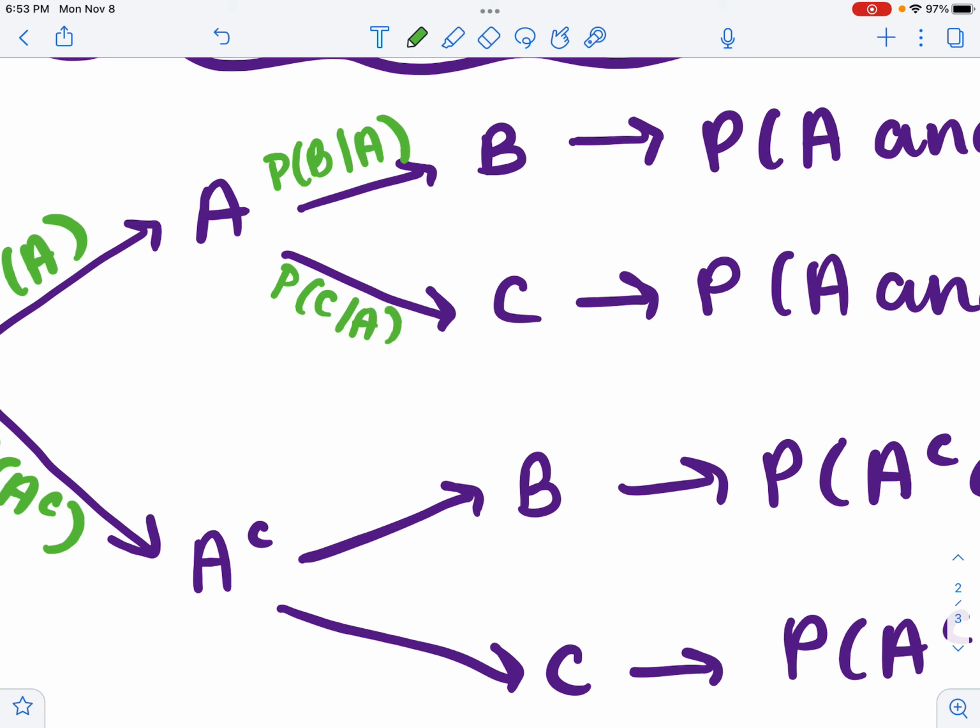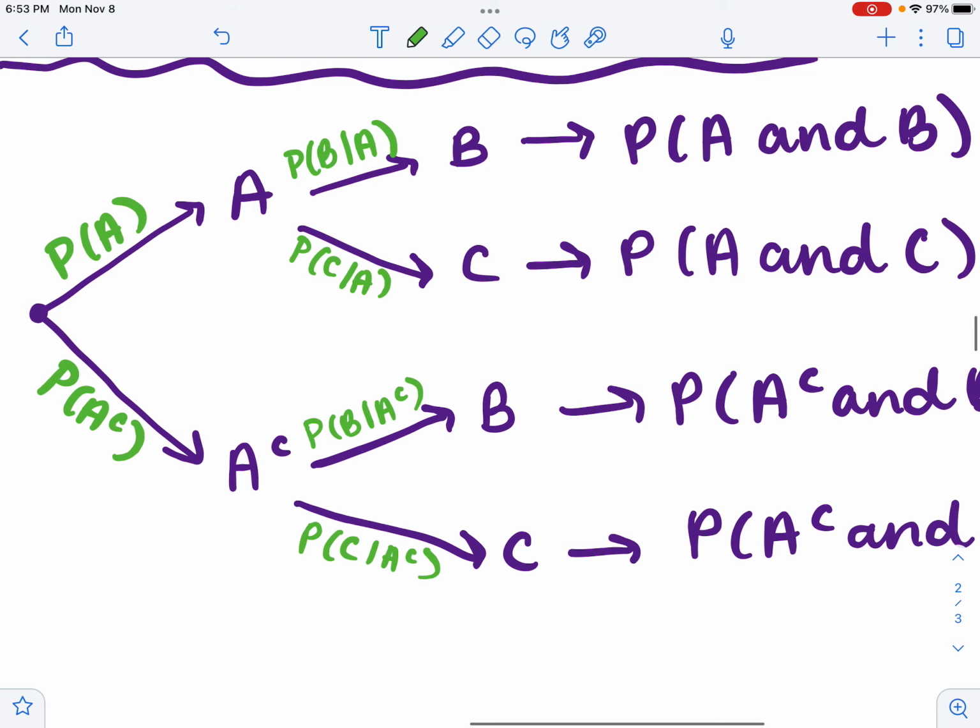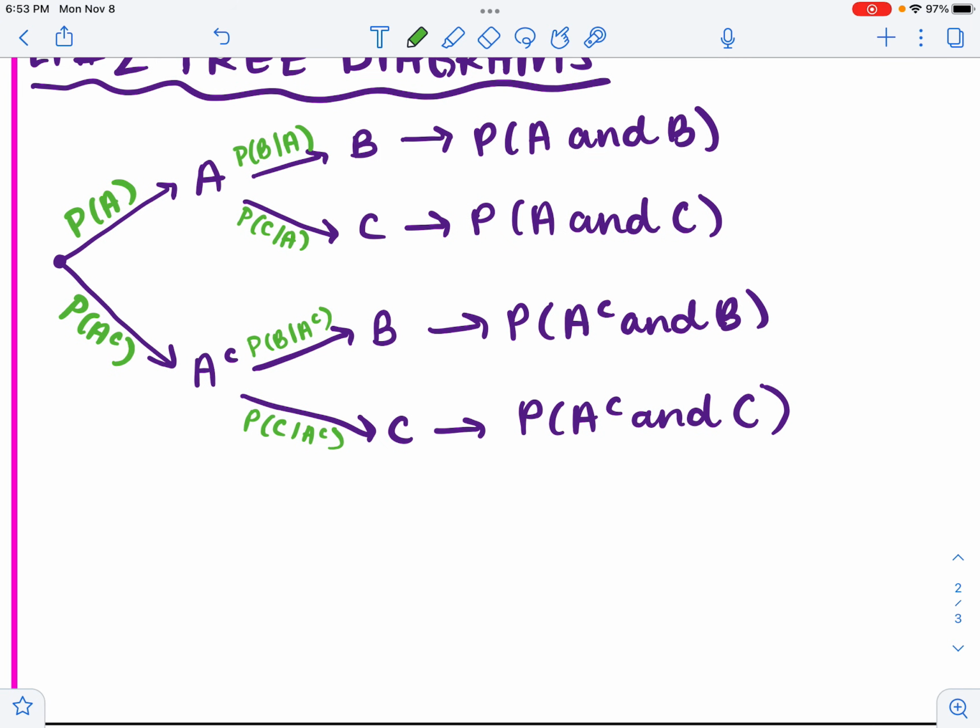And the next two, now we're assuming that A complement has happened. So the probability of B given A complement has happened. Sorry, guys. Probability of C given that A complement has happened again. All right, so we have those there. And then also remember that at the end of your tree diagram, you have come up with every potential outcome. So if you were to total all of these probabilities up, they should add to 1.